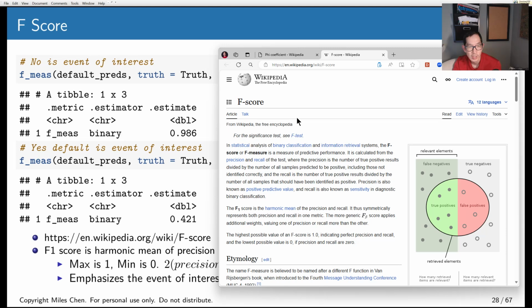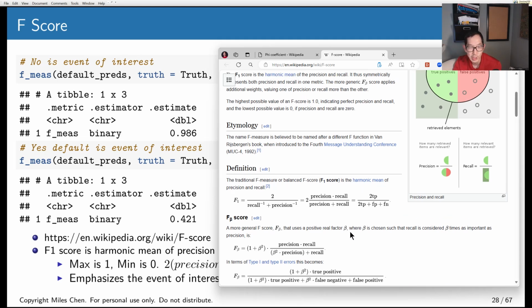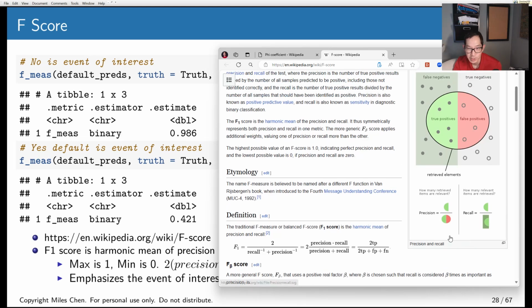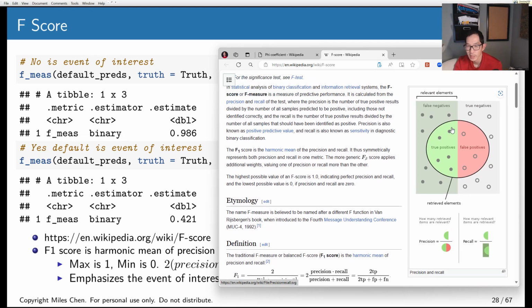So this is our F score, and it's calculated as this. It's the harmonic mean of precision and recall. All right, precision is basically how many things are true positives, and you divide by your total number of retrieved elements.